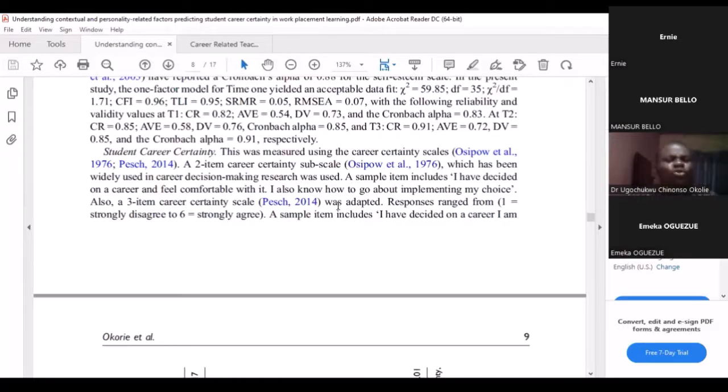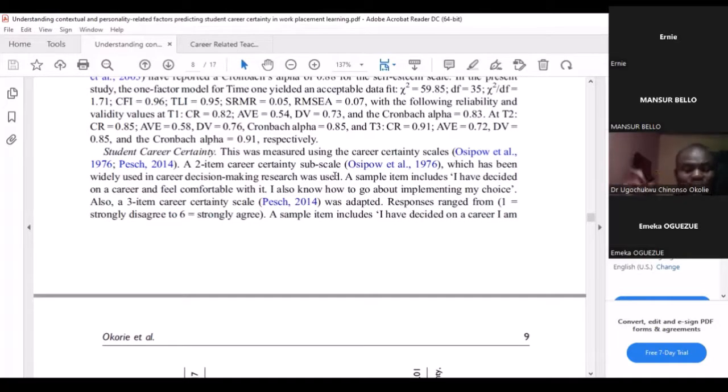So this is how, when you adapt these scales, the next thing you do is put it into your study and do a confirmatory factor analysis. The reason is simple: you don't need to go back to do exploratory again, except if you want to develop a scale of your own.